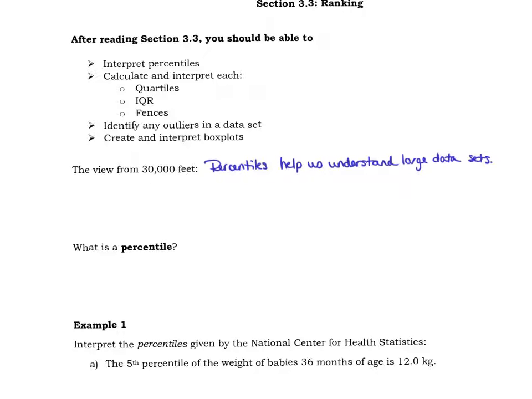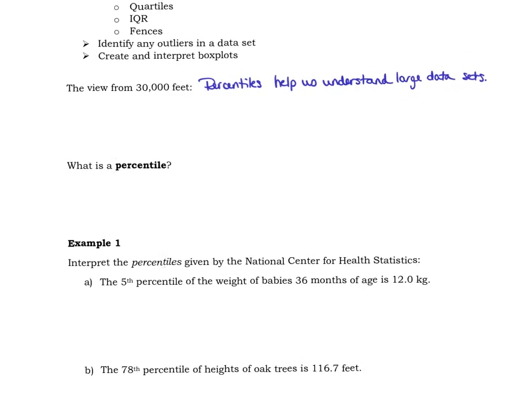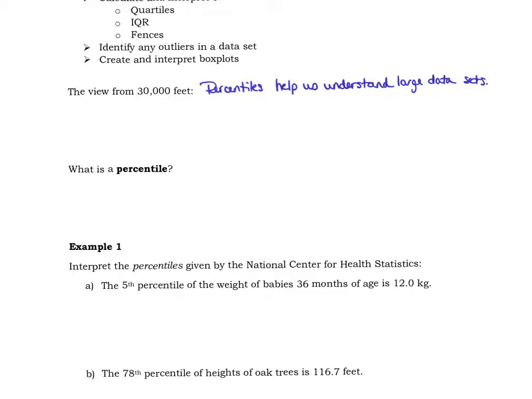So let me tell you what a percentile is, and then I'm going to draw you a picture that will hopefully help make it a little bit clearer, because this is going to look like math speak, okay? So the kth percentile, and I'm just using k as a generic placeholder, okay? It could mean the 10th percentile, the 15th percentile, whatever.